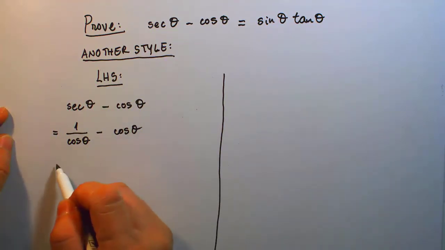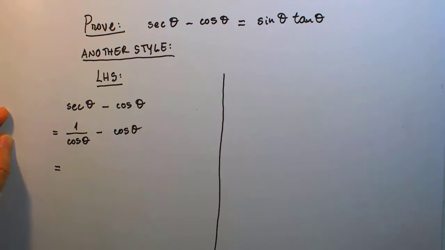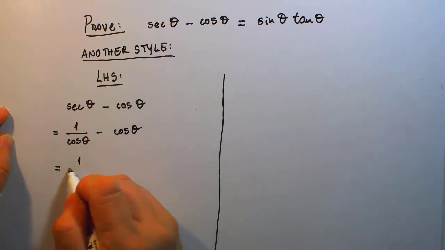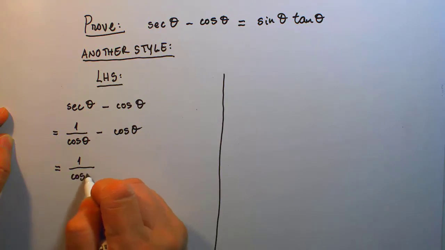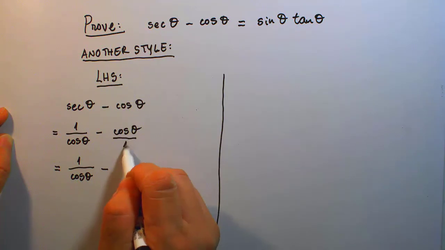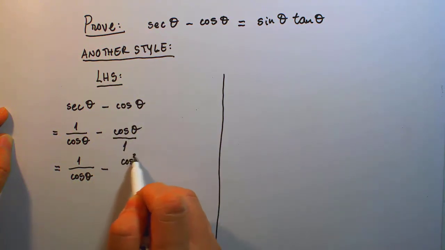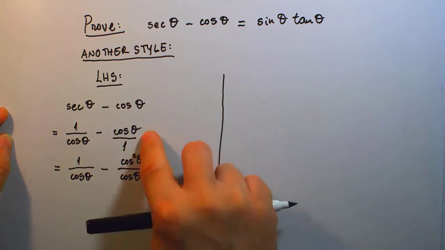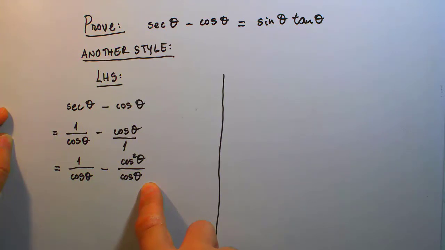Now we can do a little further algebra by making a common denominator. Our first term is 1 over cosine theta, but my second term is essentially over 1, so we can make it cosine square theta over cosine theta. As soon as we have a common denominator, we can bring the two terms into one fraction.